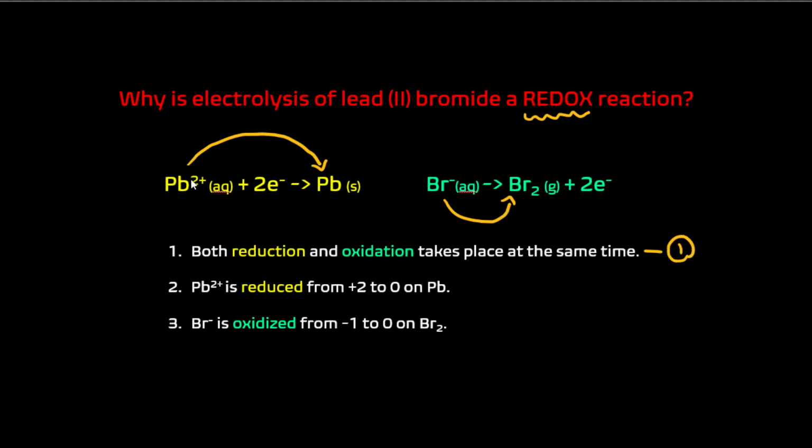And you can also say that Pb2+ is reduced from +2 to 0 in Pb, and you can say that Br- or bromide ion is oxidized from -1 to 0 in Br2. So depending on how many marks are given to you, make sure that you answer according to the marks given.